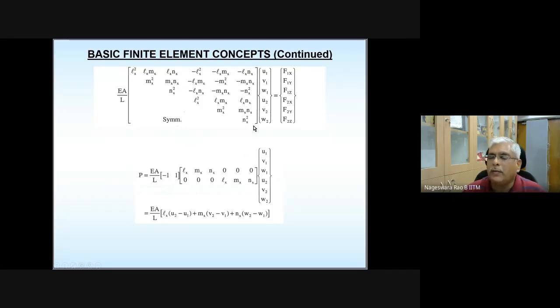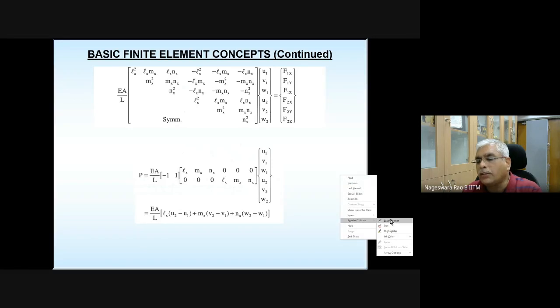For each of the elements in the 3D truss problem, assemble these element equations. So get the global equation system, solve the global equation system, get the local displacement values, solve for stresses, strains, and forces. The force expression is directly given here.